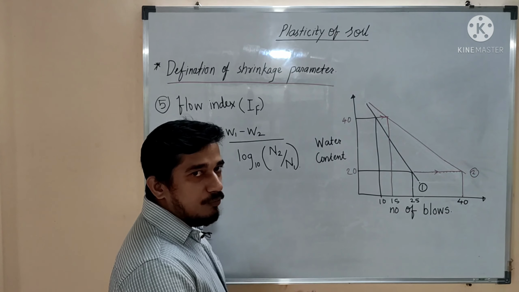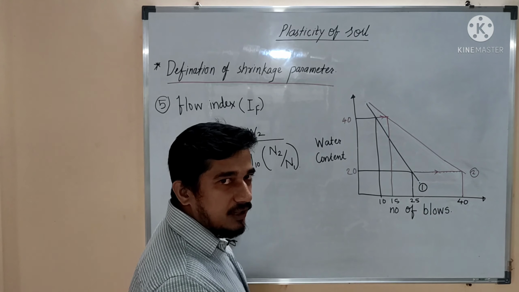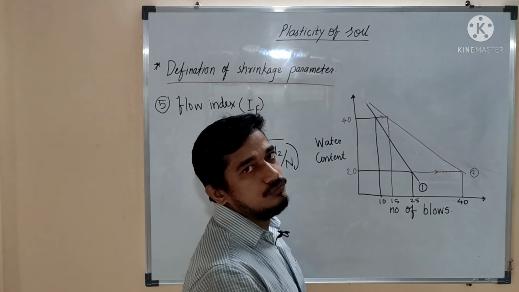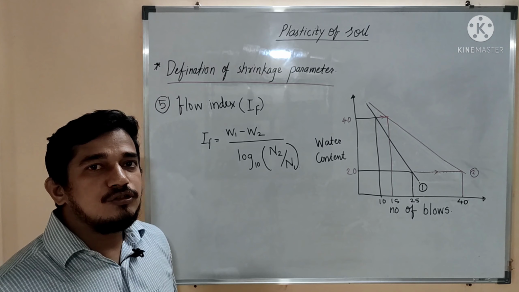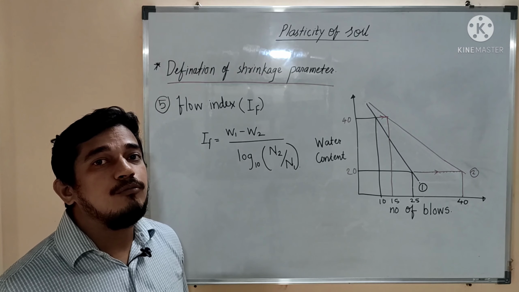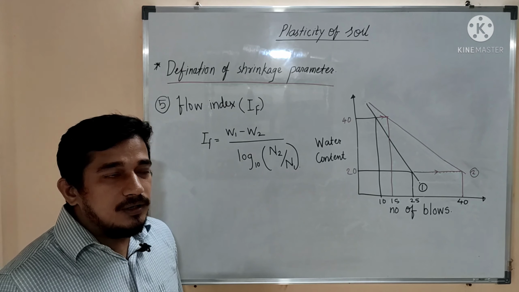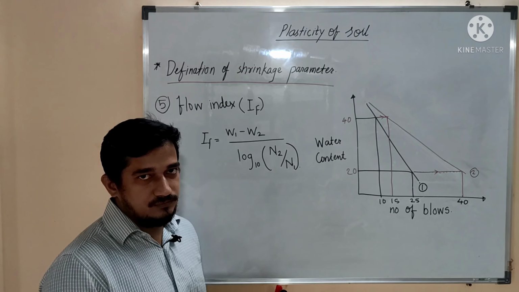But when the slope of this flow curve is flat, it indicates that it is requiring more number of blows to close the groove. It means that flatter the slope, more will be the number of blows. It means it will be having more shear strength. Or in case of a steep slope, it will be having lesser shear strength.